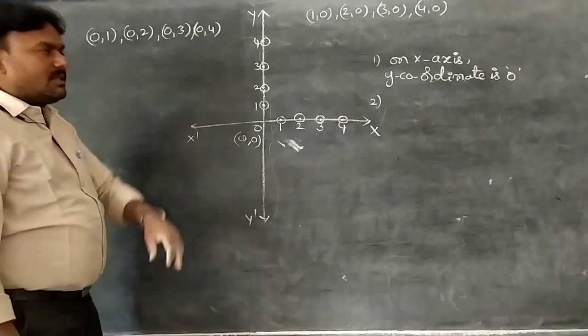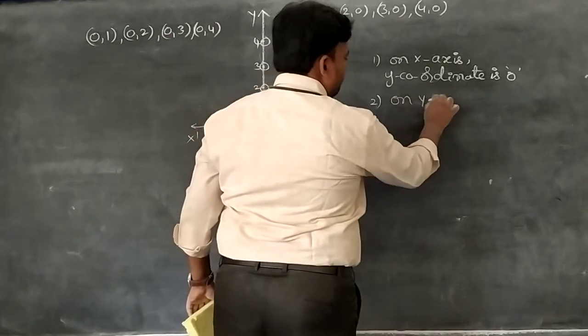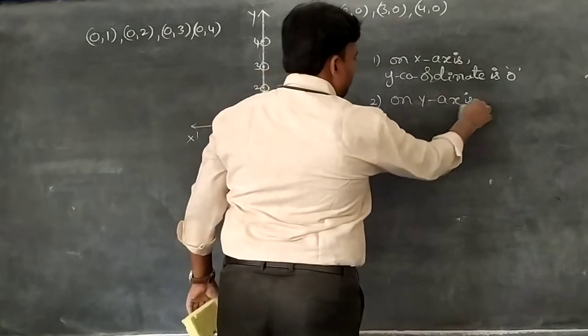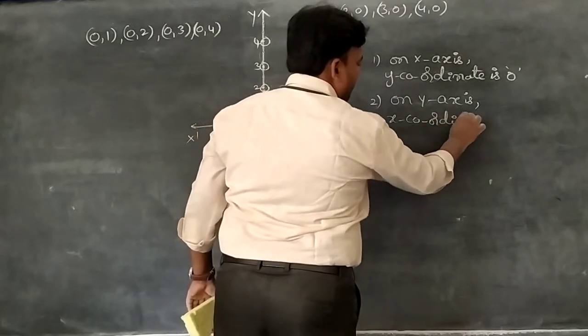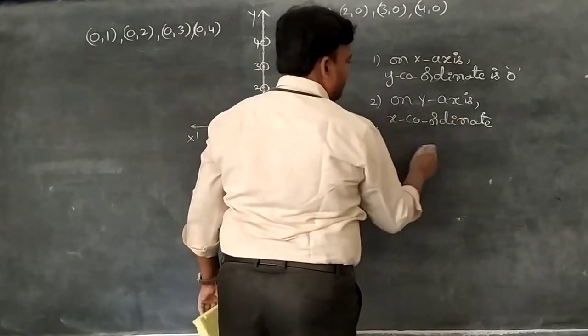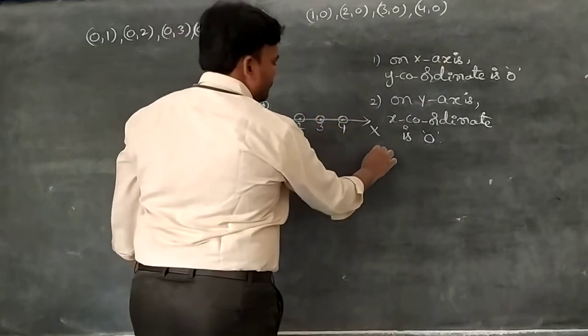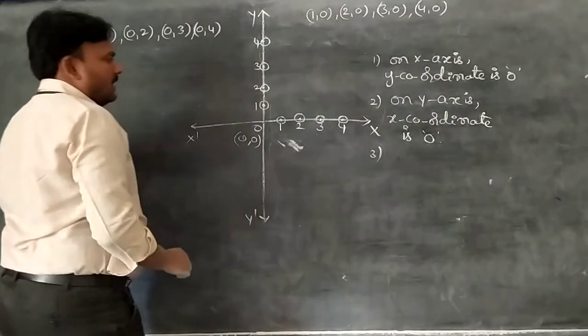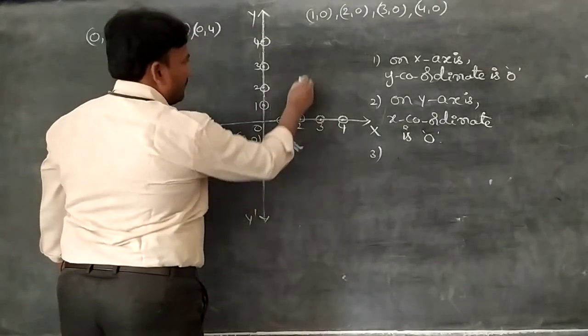X-coordinate is 0. So on the y-axis, x-coordinate is 0. Okay, and comes to the third point, students. Okay, here x equals 2, we draw one line.